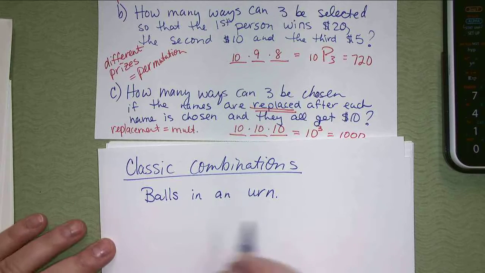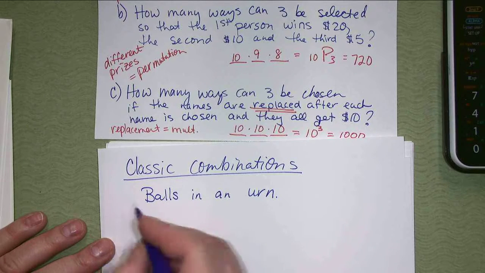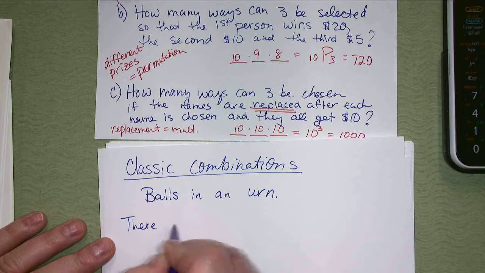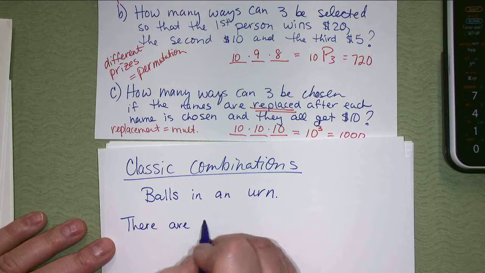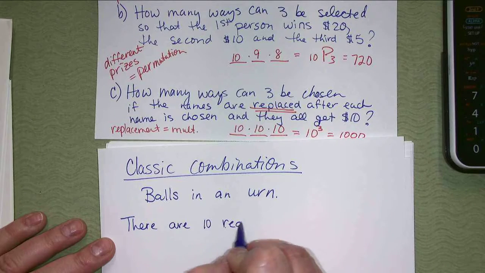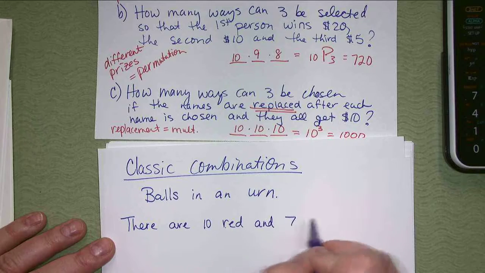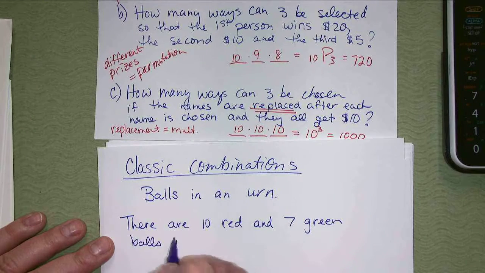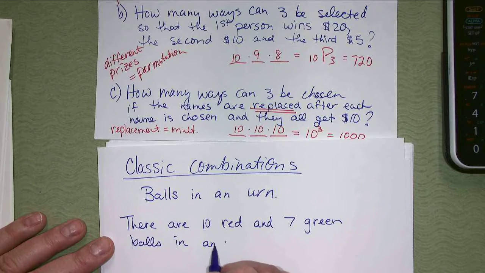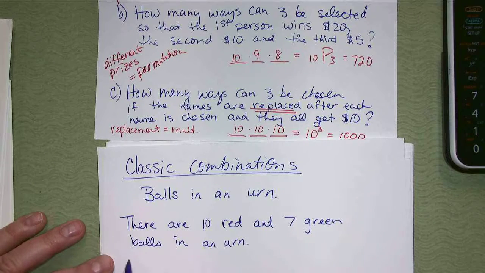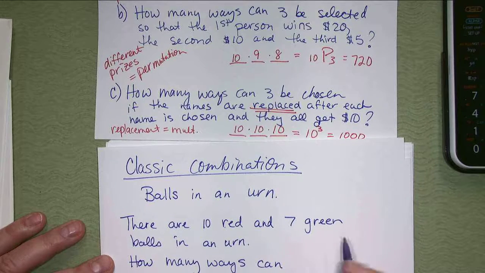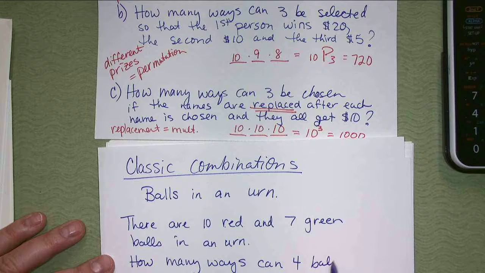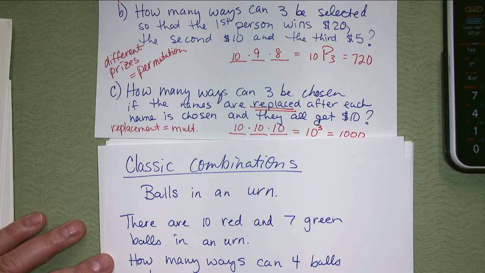So balls in an urn would be like, there are 10 red and 7 green balls in an urn. How many ways can 4 balls be selected?